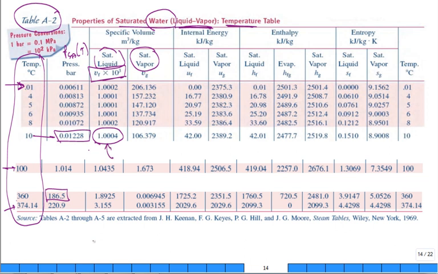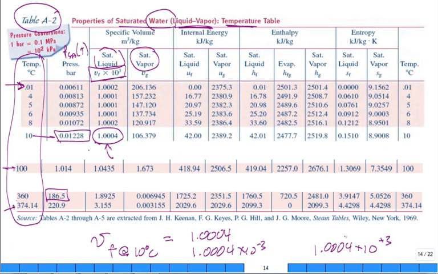For example, v sub f at 10 degrees C for water. Is it 1.0004, or is it 1.0004 times 10 to the minus 3, or is it 1.0004 times 10 to the plus 3? Answer A, answer B, or answer C. Last clicker question.